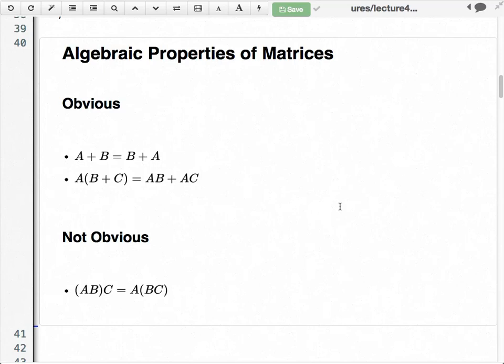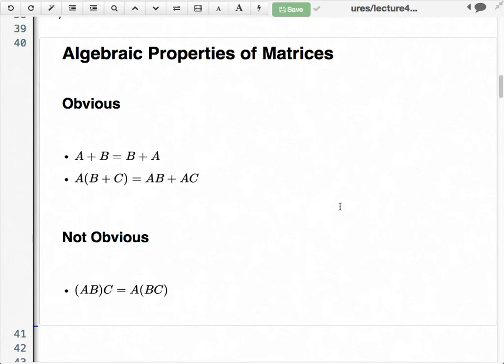So this is the ith row that I've written. And then the matrix B, its jth column has entries b_1j all the way down through b_mj.